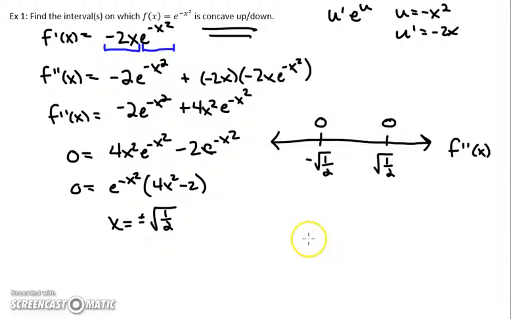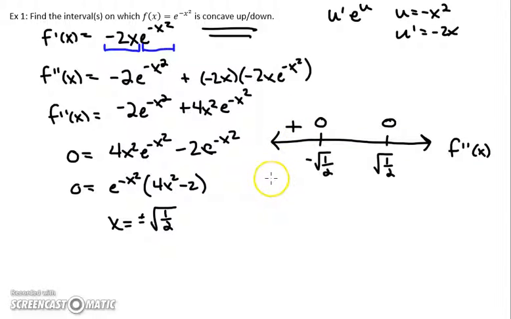Now we just take numbers, plug them in, and see what happens. Taking something less than negative square root of 1/2, let's just say negative 1, plug it in. Remember, this first piece, the e to the negative x squared, is always positive, so we don't even have to worry about it. It's all going to depend on this piece here. Negative 1 squared is 1, times 4 is 4, minus 2 is 2, positive numbers.